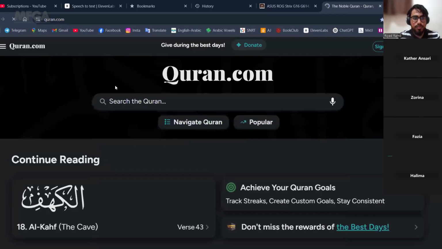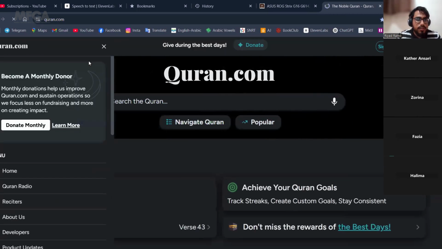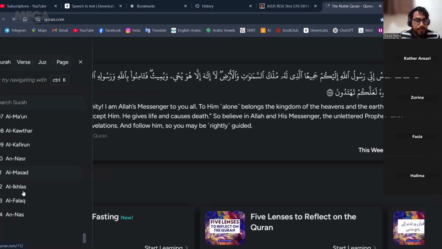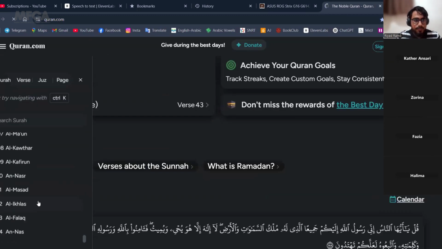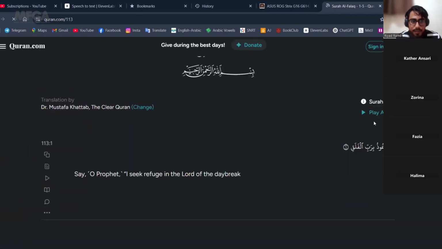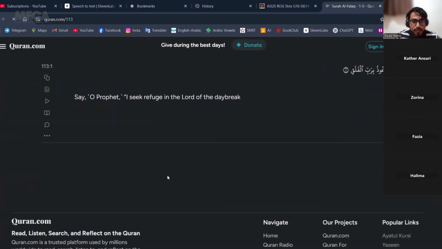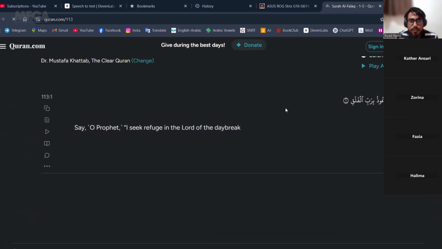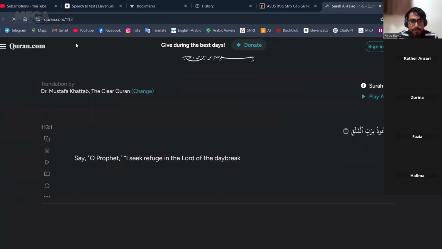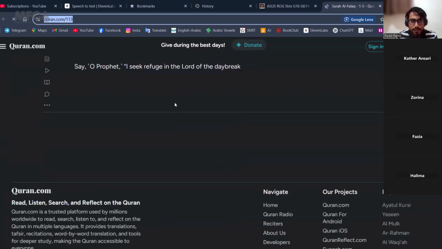Okay, so let me go to Surah Al-Falaq. Many of us have memorized Surah Al-Falaq, because it's the second to last Surah of the Quran. The only thing is that the connection is a little slow for me. I don't know why it's not loading.